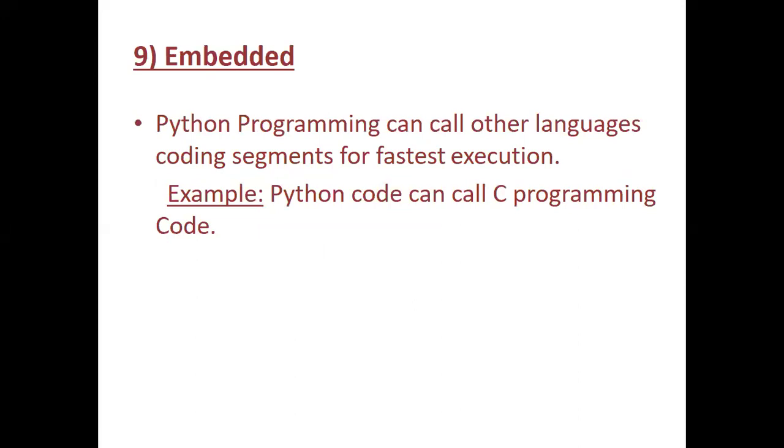I have a Python program, and in that program I can call some part of the logic written in some other language, so that I can execute it along with my program. Some code can be written in Java, C++, or C for better and faster execution. We can call the other coding segments also.